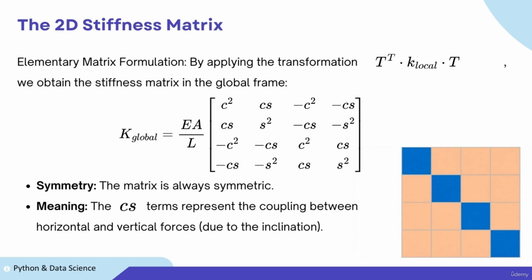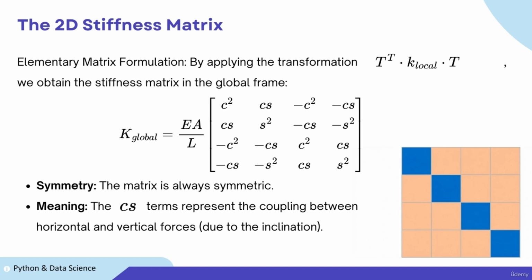Now, let's look at the math. We relate the local displacements to the global displacements using a transformation matrix, which we call T. The formula for the global stiffness matrix, K_global, is derived by multiplying the transpose of T times the local stiffness times T. I won't make you do the matrix multiplication by hand, but you must memorize the result shown on the screen.